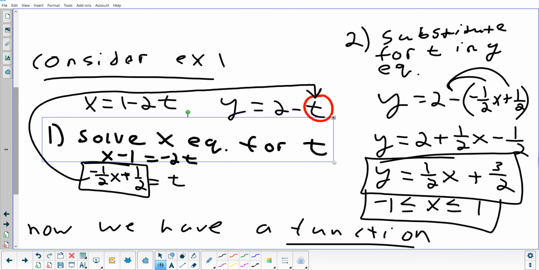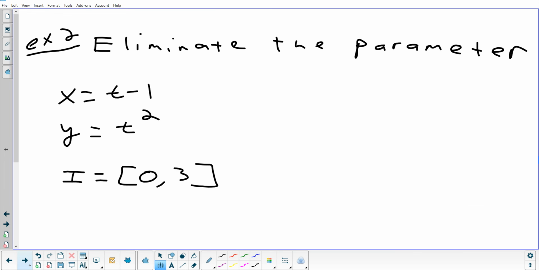Step 1, solve the x equation for t. Okay, how about Tyler? Can you tell me what I get if I get t by itself in that equation?